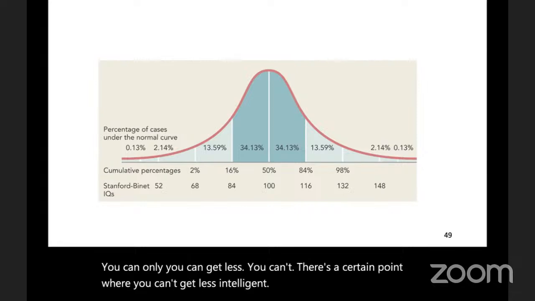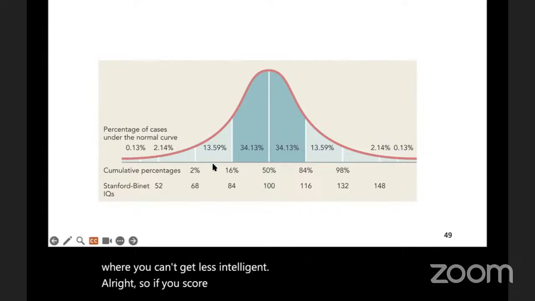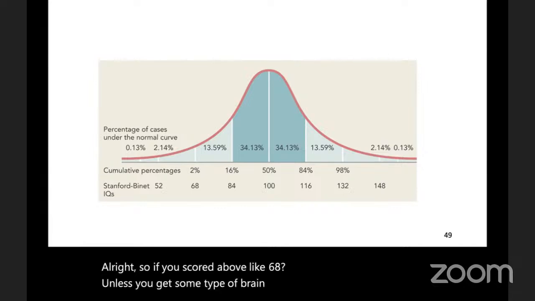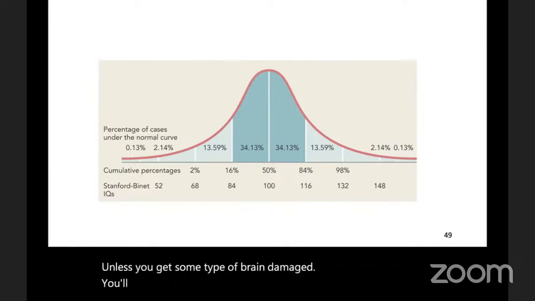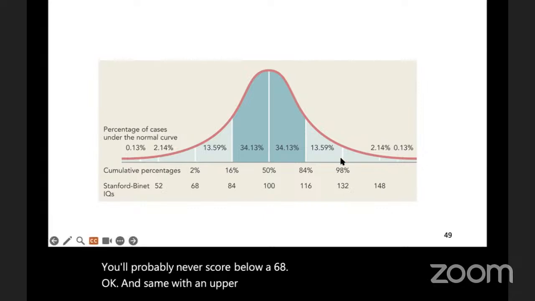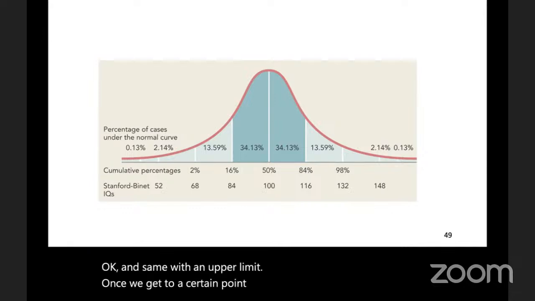all right? So if you scored above like 68, unless you get some type of brain damage, you'll probably never score below a 68. Okay. And same with an upper limit. Once we get to a certain point, biologically, we won't score any higher.